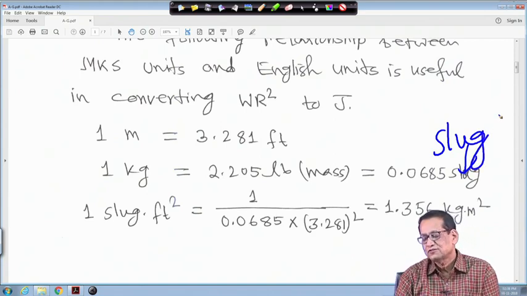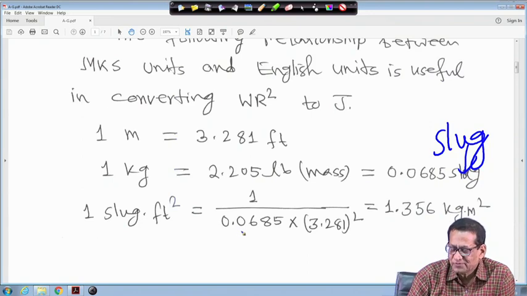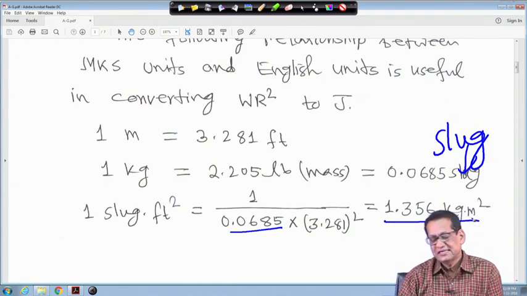So now 1 slug feet square is equal to 1 upon 0.0685 into 3.281 square, that is equal to 1.356 kg meter square. So, English unit to MKS unit.